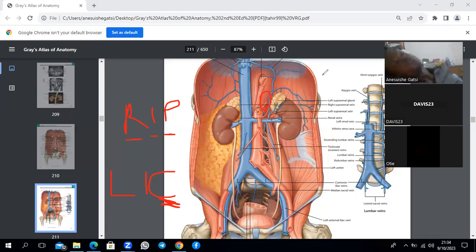It's quite easy to feel for the kidneys in people who are quite thin as compared to people who are a bit fleshy, right? Most of the clinicals for the kidney that apply to basic sciences or anatomy, we'll talk about when we're doing the embryology, where we talk about a pelvic kidney, a horseshoe-shaped kidney, or even many arteries supplying the kidney, right?